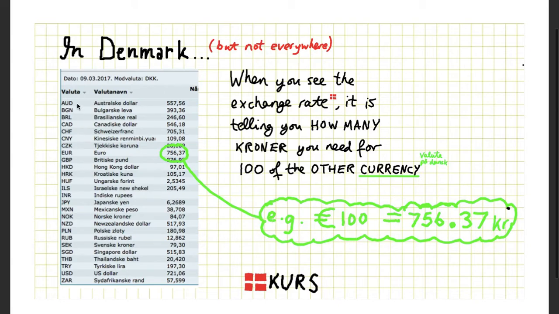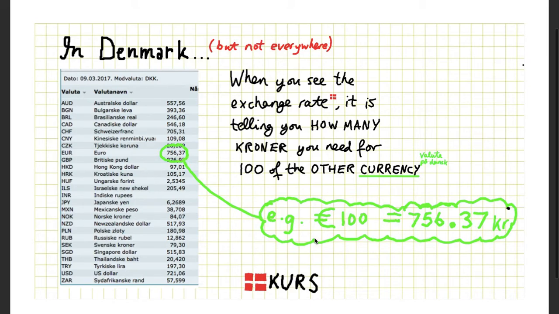Okay, so this is the list of exchange rates published by Danske Bank on the particular day that I made this little presentation. I think the British pound has got a lot weaker since then. Okay, and on this particular day, the exchange rate for euros was 756.37.